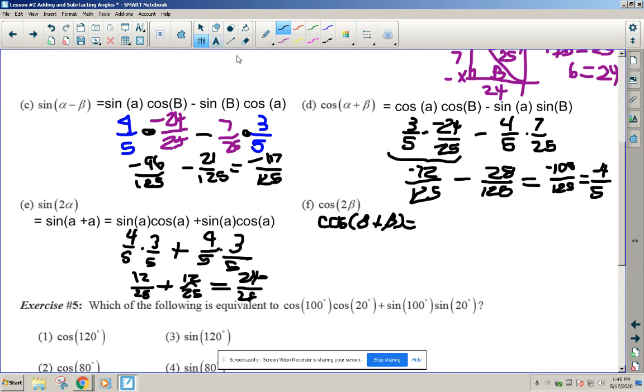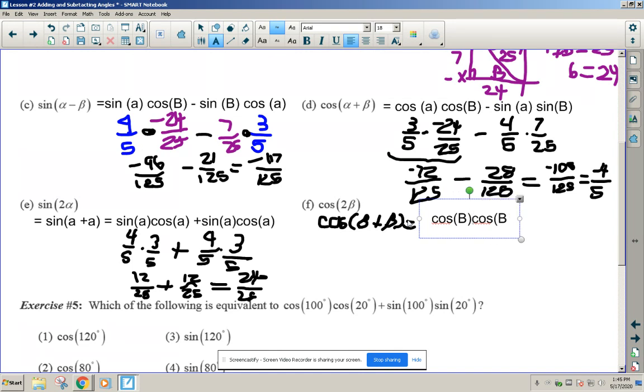So this would then be cosine beta minus sine beta. So you're basically squaring cosine beta and you're basically squaring sine beta.